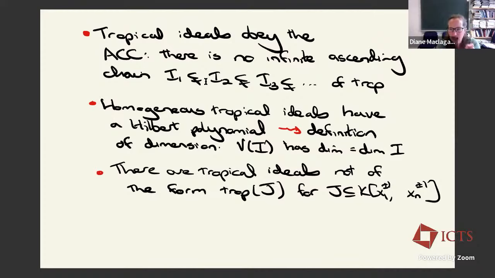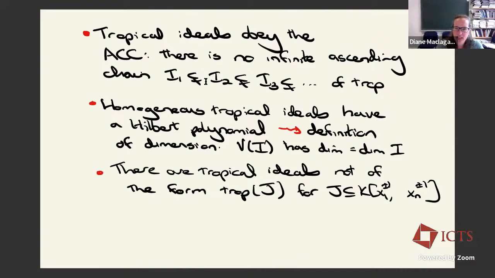Now, the fact that we have the ascending chain condition, the ACC, means that every tropical ideal can be written as the intersection of irreducible tropical ideals, where irreducible means they can't be written as the intersection of larger tropical ideals.